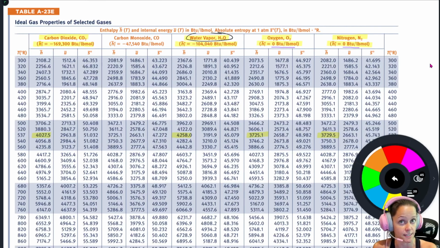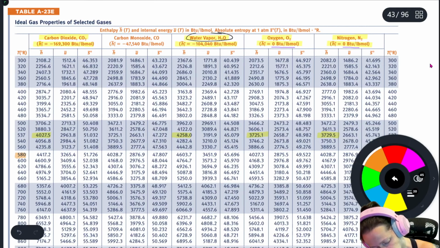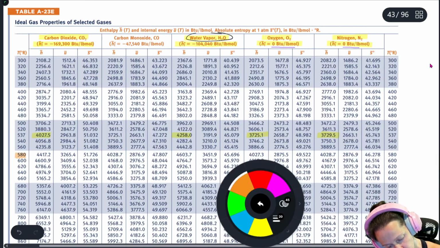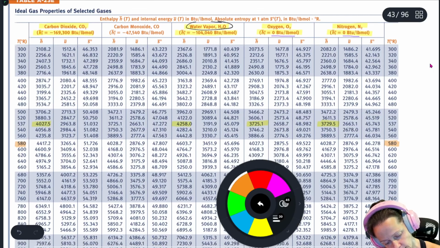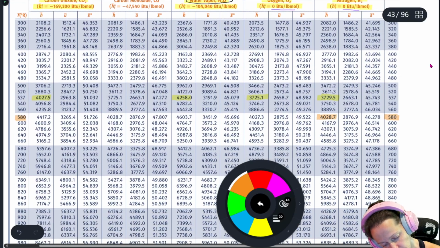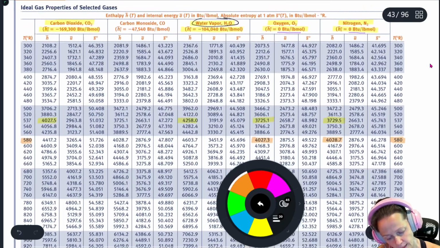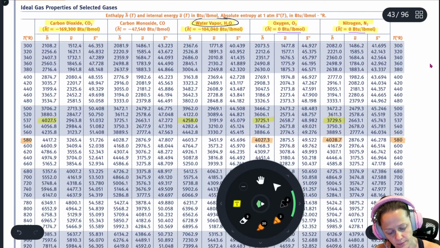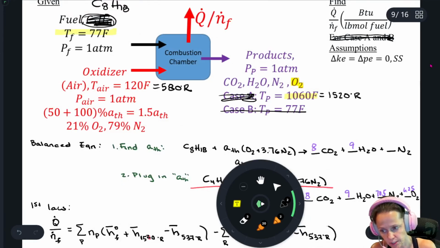The reactants in that dry air are coming in at 580 degrees Rankine. I just need nitrogen and oxygen, so this value and that value. I'm going to write that on my equation here.